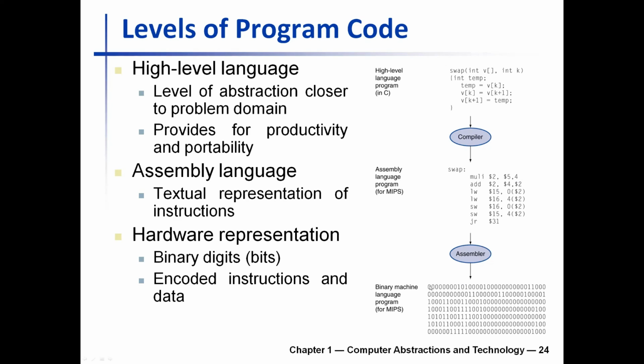So here we have 32 bits in each instruction. You can break this down, and some parts of this will refer to the operation, and other parts will refer to values, right?